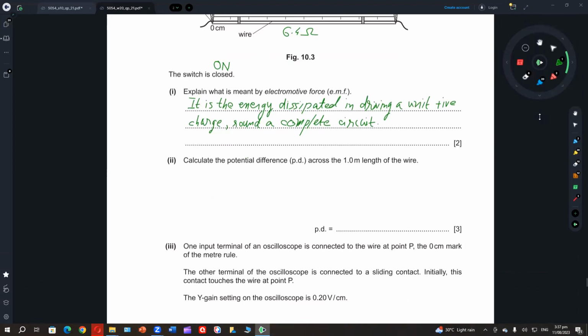What is the concept? In series, voltage is divided in the ratio of the resistors. And it is asking for 1 meter length, so the resistance is given. We should first recall our concept, because in doing past papers, the main thing is the concept. In series, voltage is divided in the ratio of the resistors.